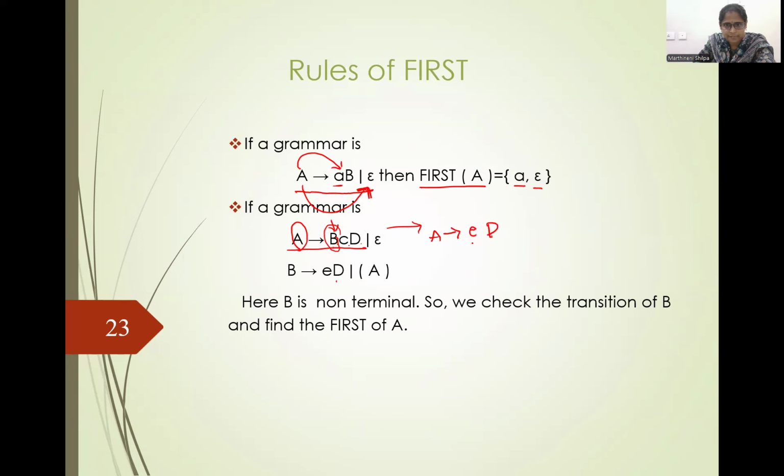That means in place of B, I am writing ED, and C, D. So first of A will become E because these sets of strings are going to be generated by using this non-terminal. E is a first of A. And also open bracket. Here in place of B, we are going to replace this second production rule also. So first of A also consists of open bracket and epsilon.